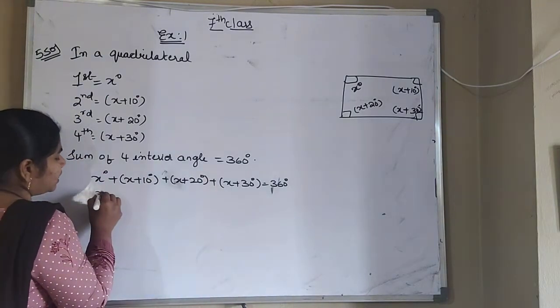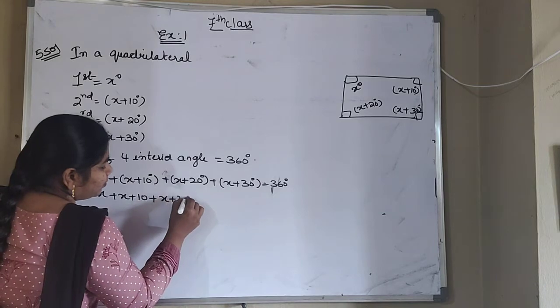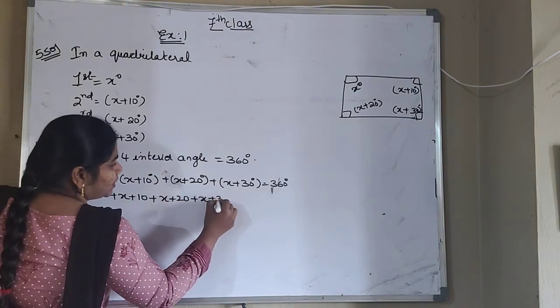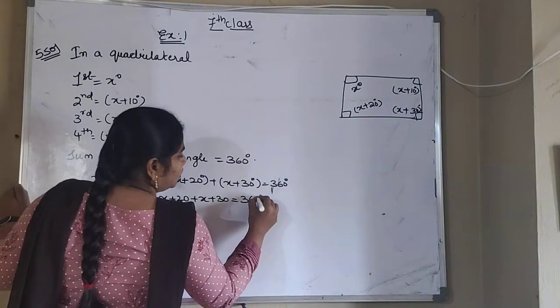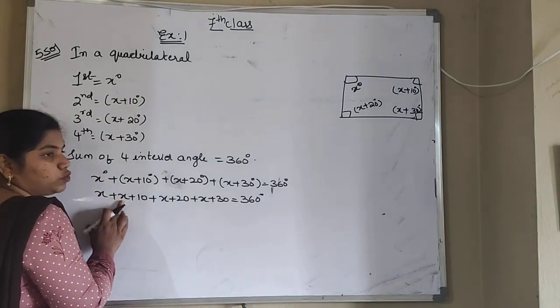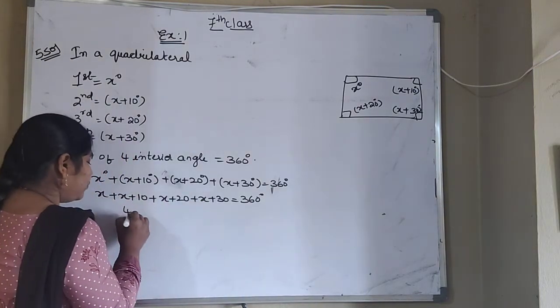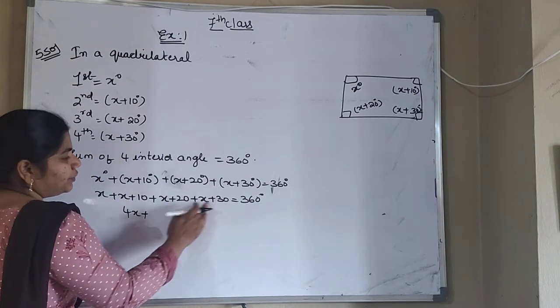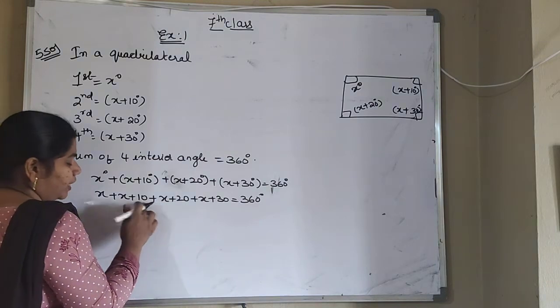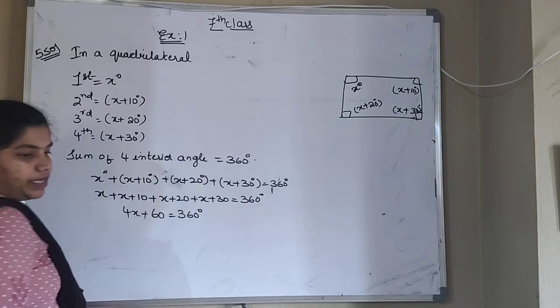So remove the brackets now. x plus 10 plus x plus 20 plus x plus 30 equals 360. Now how many x's are there? x plus x is 2x, 2x plus x is 3x, 3x plus x is 4x, plus 30 plus 20 is 50, 50 plus 10 is 60, equals 360 degrees.